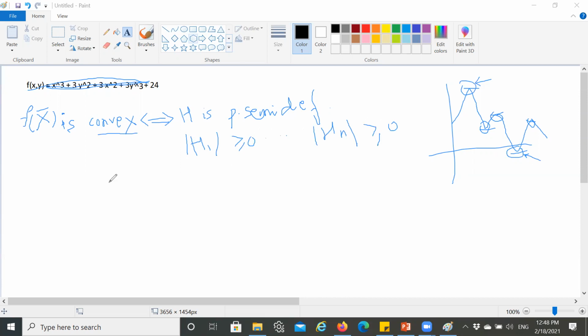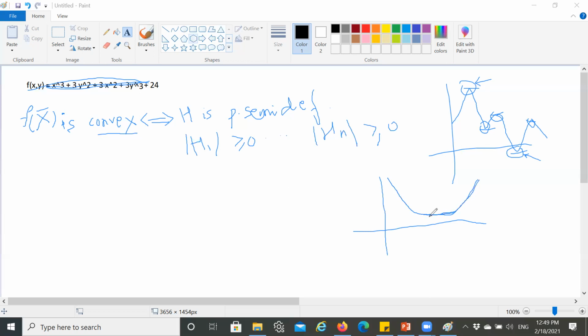Now, when we say it is convex, that means there can be extreme points, and there can be more than one global extreme point. For example, if it's convex, we could have some point, let's assume that this is flat over here.